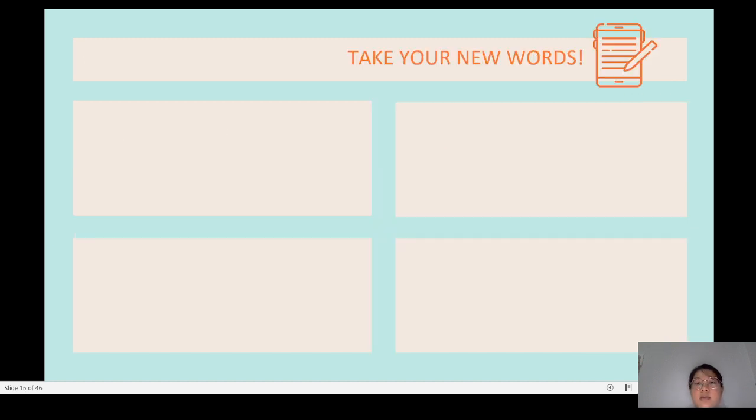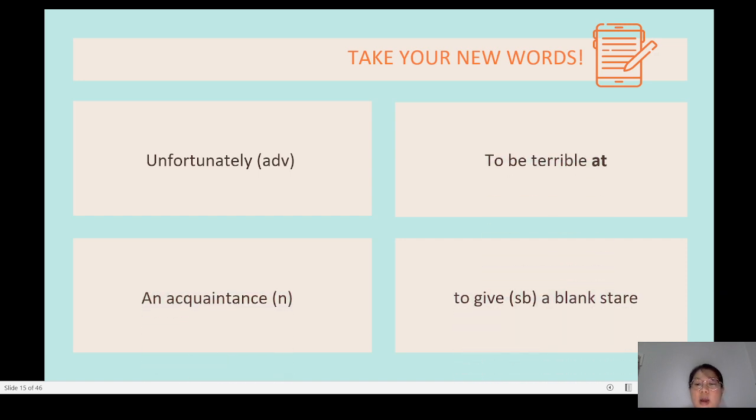And here are some new words. Please write them down in your notebook and learn them by heart every day to enhance your vocabulary range. Unfortunately is a synonym of the word unluckily.